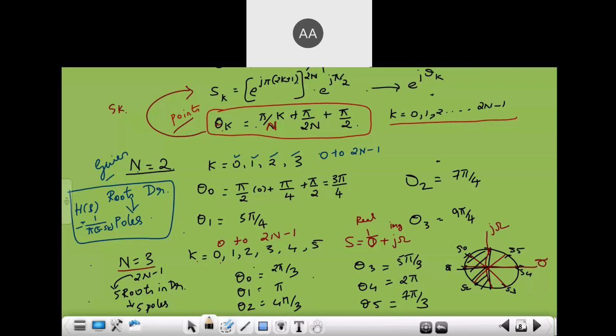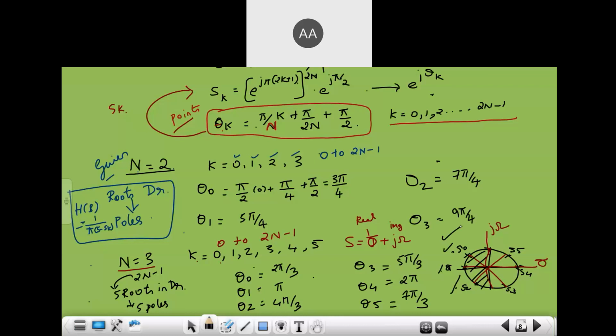So you will choose only the value of your S naught which lies on the left hand of the S plane. Getting? So if you see here for n is equal to 3, S naught, S1, S2, you have plotted. So you will choose only those roots to write your answer. Getting this? Our main goal is e power j theta you want to find.